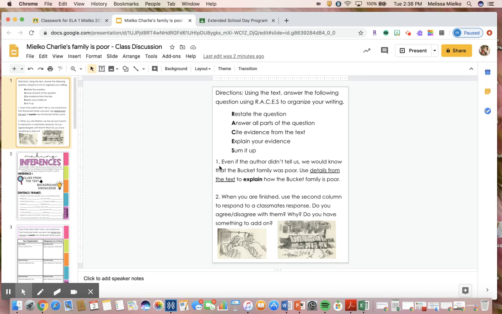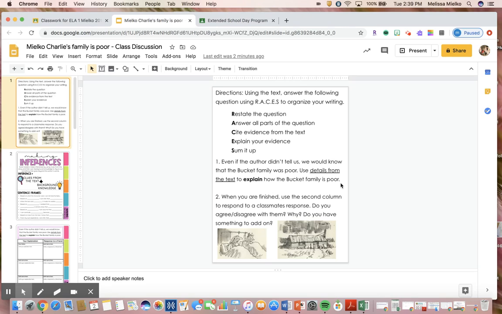So the question that you're answering today is right here. Number one, even if the author didn't tell us, we would infer that the Bucket family was poor. The inference that we're making right now is that the Bucket family was poor. You're going to use details from the text to explain how the Bucket family is poor.